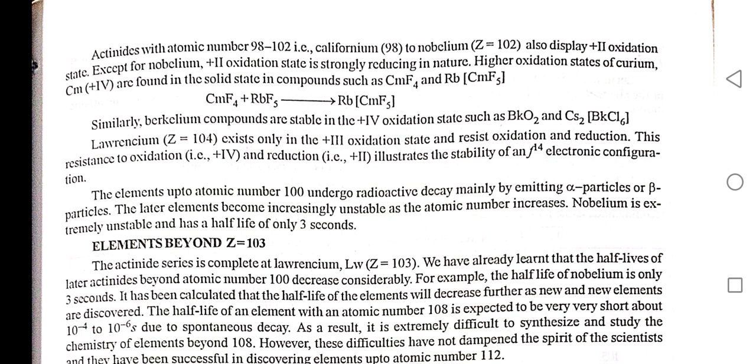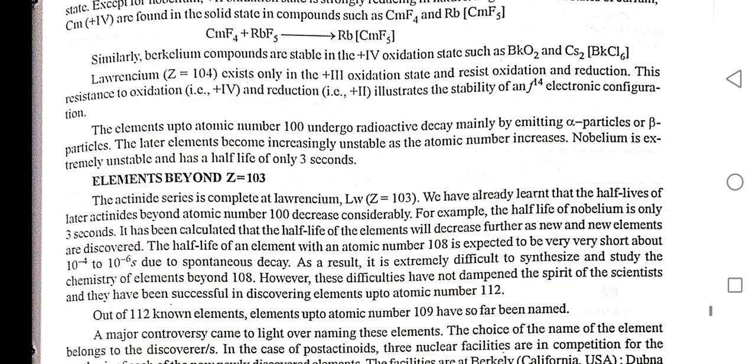Higher oxidation states of curium, Cm +4, are found in the solid state in compounds such as CmF4 and RbCmF5. Similarly, berkelium compounds are stable in the +4 oxidation state, such as BkO2 and Cs2BkCl6. Lawrencium exists only in the +3 oxidation state and resists oxidation and reduction.